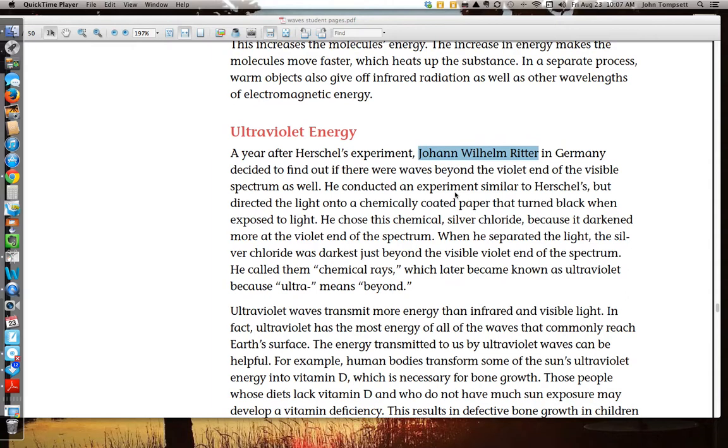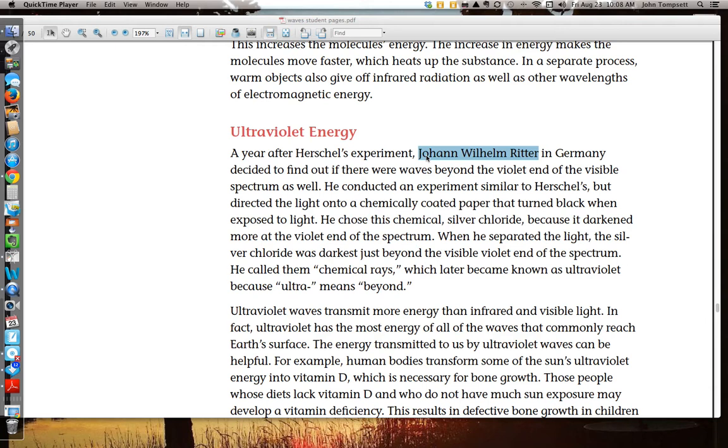This next section is called ultraviolet energy, and you can see that I have highlighted Wilhelm Ritter. A year after Herschel's experiment, Johann William Ritter in Germany decided to find out if there were waves beyond the violet end of the visible spectrum as well.